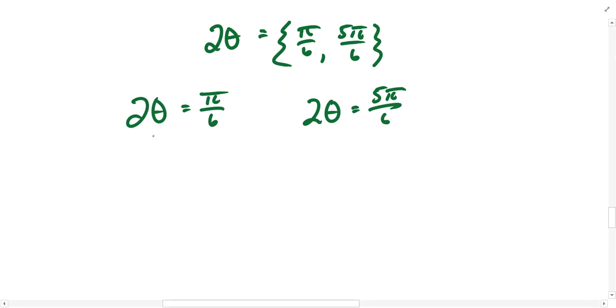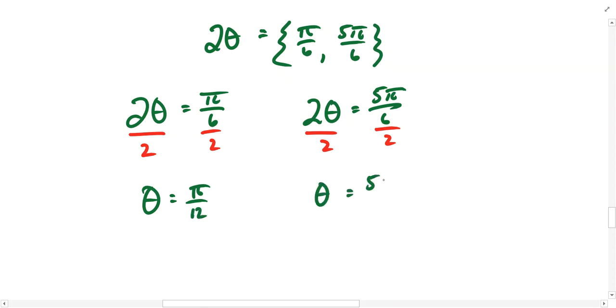Now, lastly, in order to get theta by itself, let's divide each of these by 2. Both sides of the equation on each of these equations divided by 2 leaves us with a theta value of pi over 12, and a theta value of 5 pi over 12.